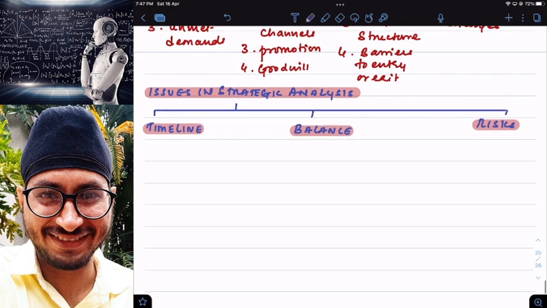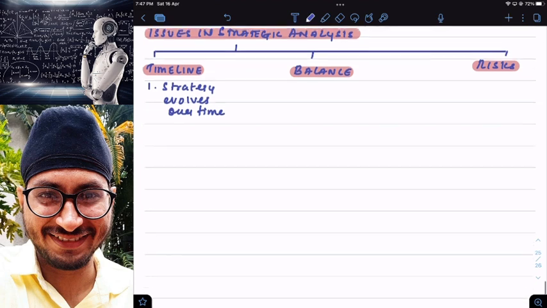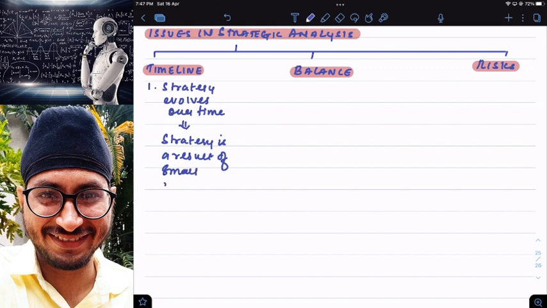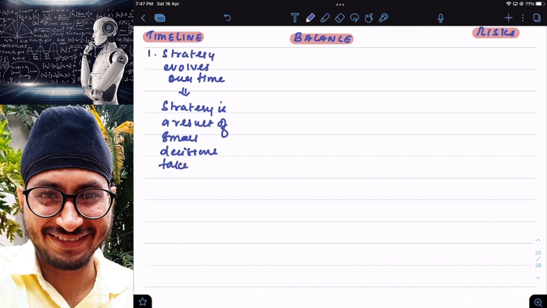Timeline means strategy evolves over time. Simply put, strategy changes over a period of time. But remember, it means strategy is a result of small decisions taken over a period of time.